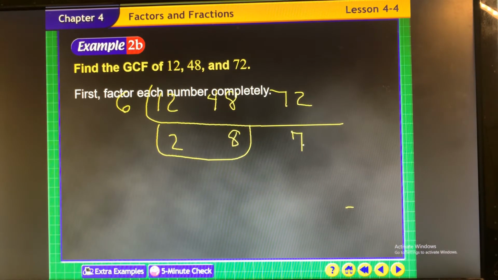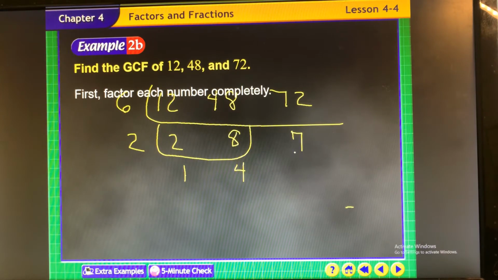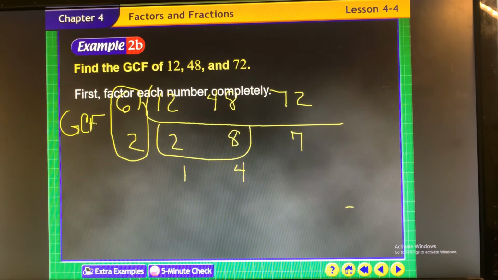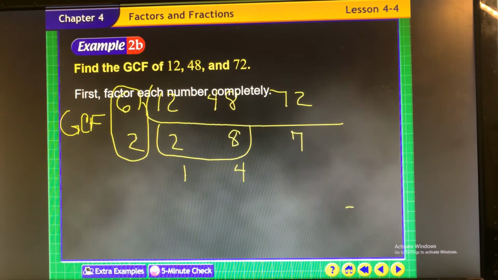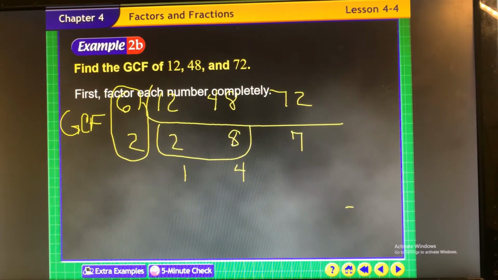Although 7 can't be caked, 2 and 8 can be caked to be 1 and 4. Now 1, 4, and 7 can't be caked anymore. So here's your GCF right there, 12. So keep that in mind when you're doing more than 2 numbers. If you have the numbers come down here and you still have at least 2 that can be caked, cake them, even if they're not next to each other.